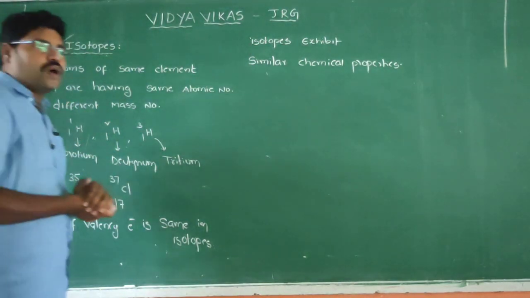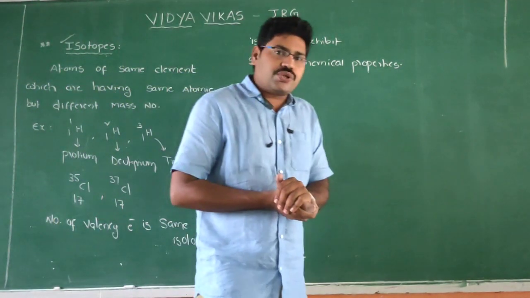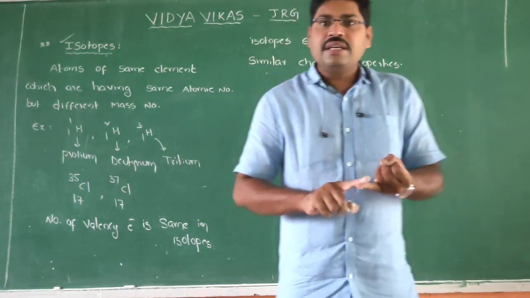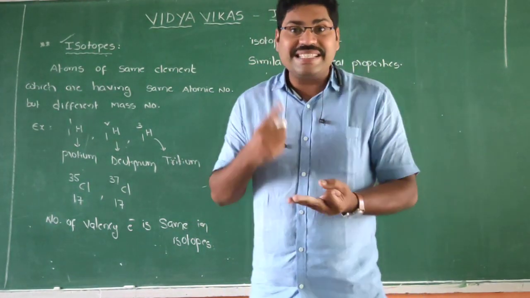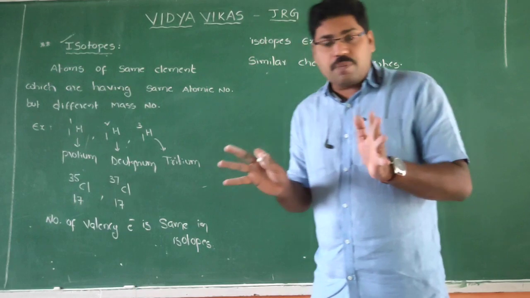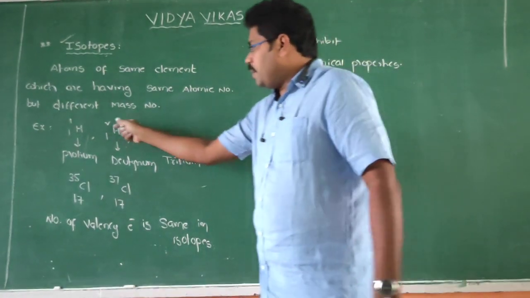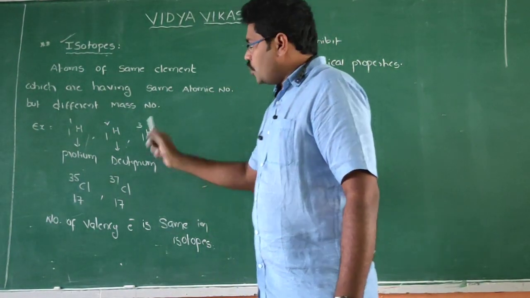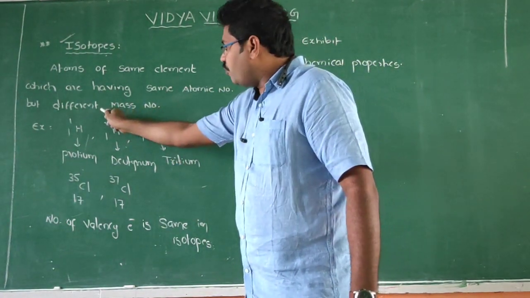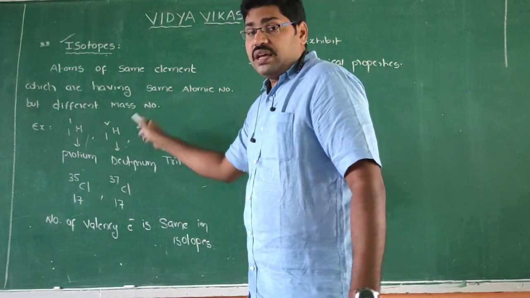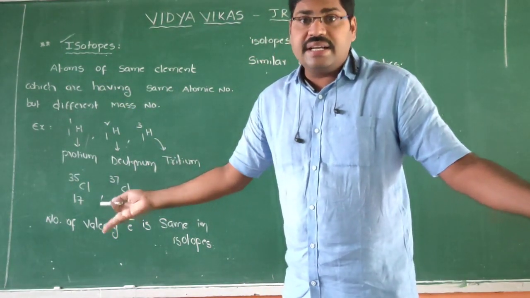But coming to physical properties, generally physical properties depend on weight. Physical properties means melting point, boiling point, and density. All such physical properties mainly depend upon mass number. Isotopes have different mass numbers, so their physical properties obviously differ.